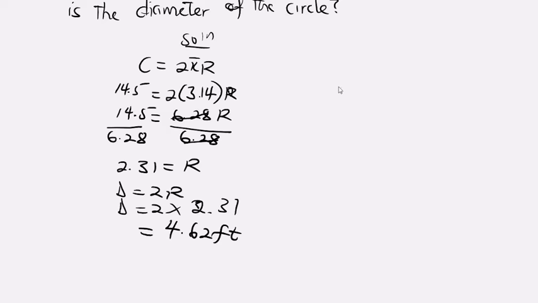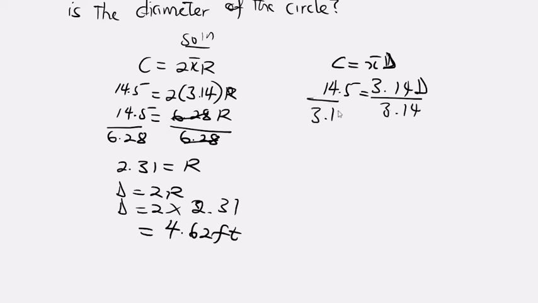Another way that you can also use to solve this particular question is using this formula C is equal to pi d. So if we have the circumference as 14.5, we just substitute it here. And our pi value is 3.14. So we don't know our d. So we divide here by 3.14. We divide here too by 3.14.